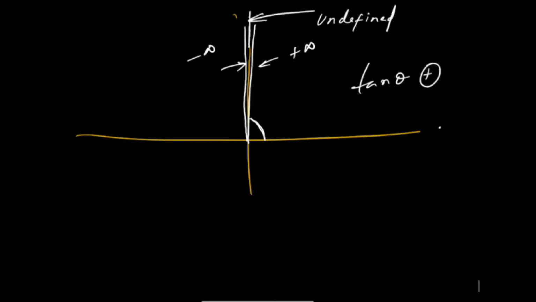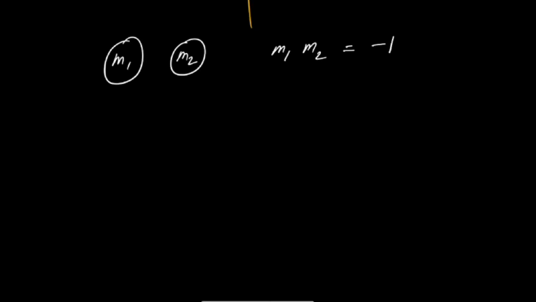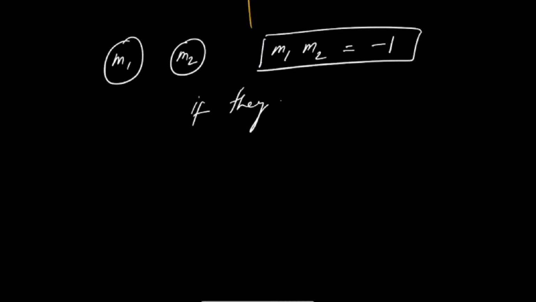Clear? Okay. Next. If two lines have slopes m1 and m2, why is their product of slopes minus 1 if they are perpendicular? Why?